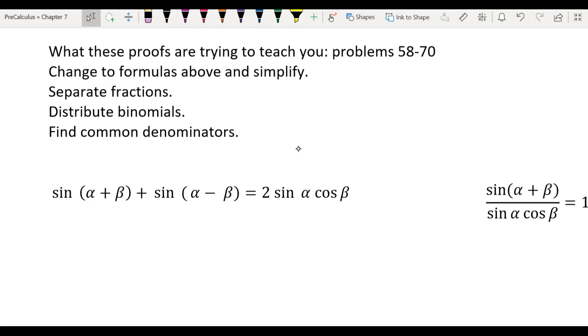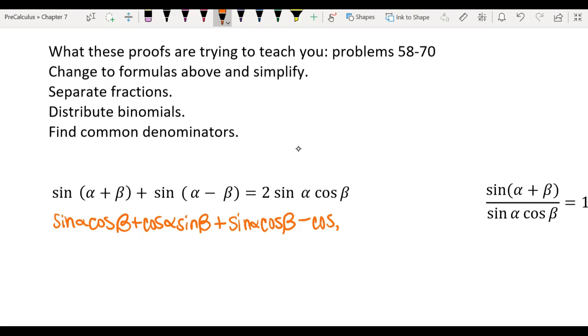Sine of this is sine of alpha cosine beta plus cosine alpha sine beta, plus, so now I have to write this down, sine of alpha cosine beta minus cosine alpha sine beta.